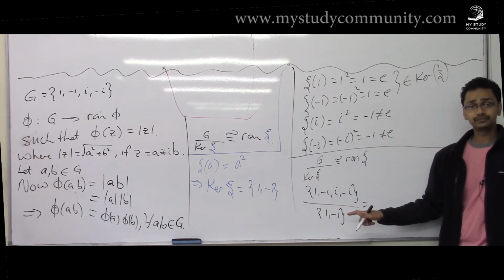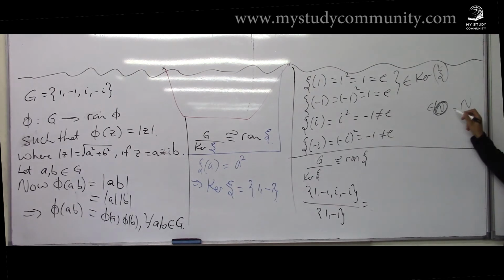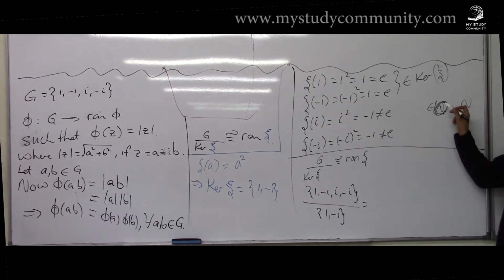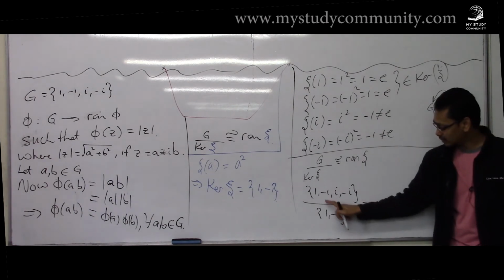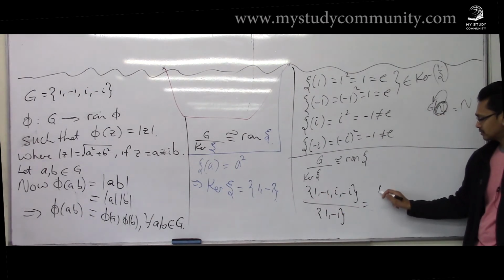Remember, the factor group G on N, the elements of this, we take this set here and we multiply this set by each of the elements in G. So if I take 1 and multiply it by this, I'm going to get 1, minus 1.